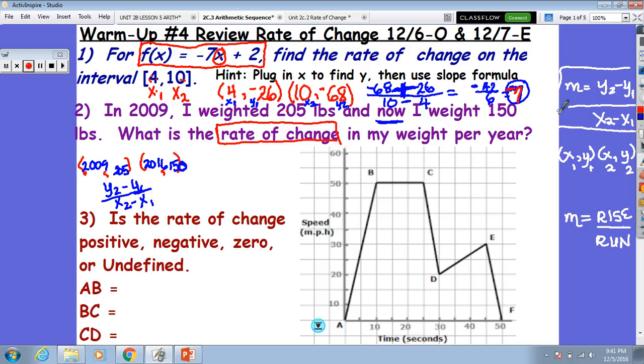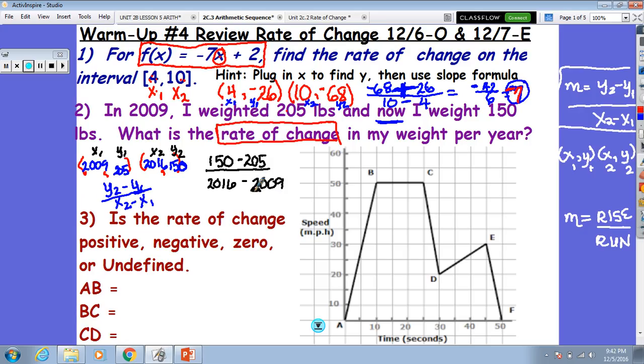Alright, so I'm going to label my points. So this is my X1. This is Y1, this is X2, and this will be Y2. Alright, so we're subtracting the Y's on the top, so I put 150 minus 205, divided by 2016, because that's X2, minus X1, which is 2009.